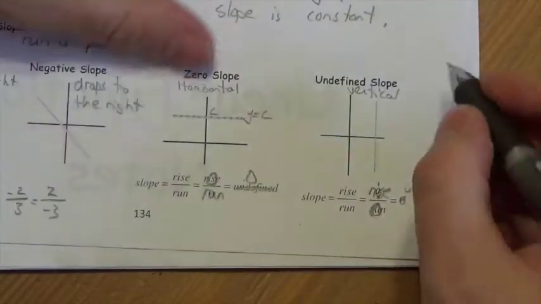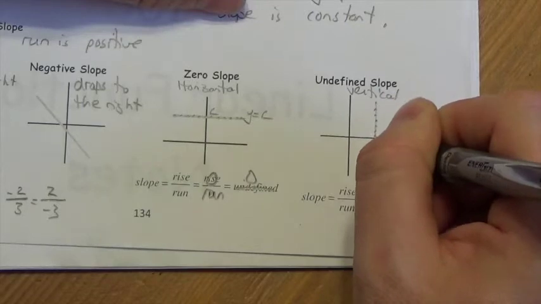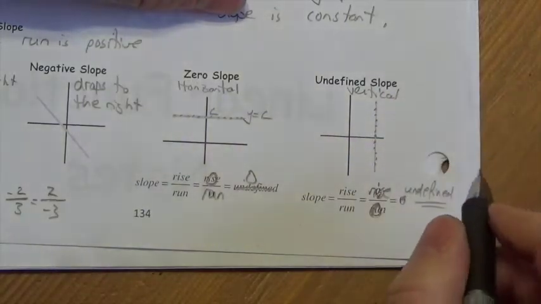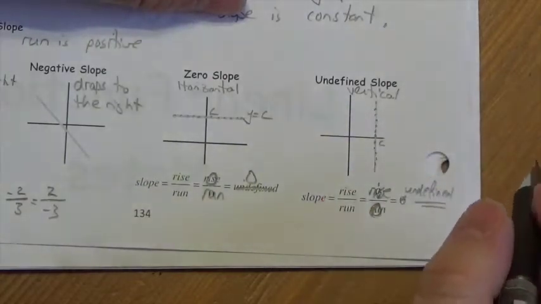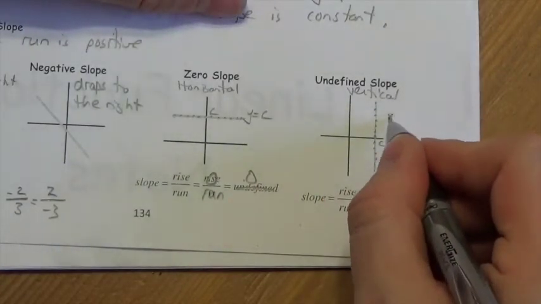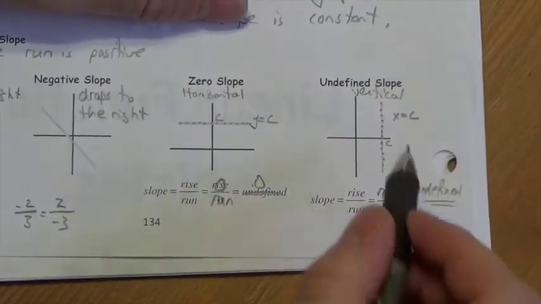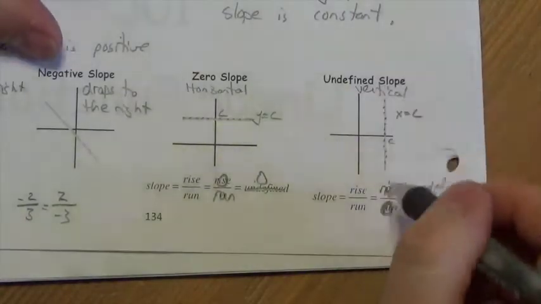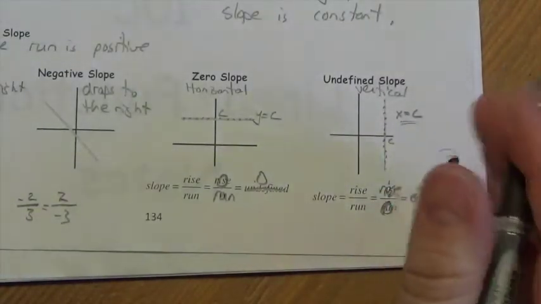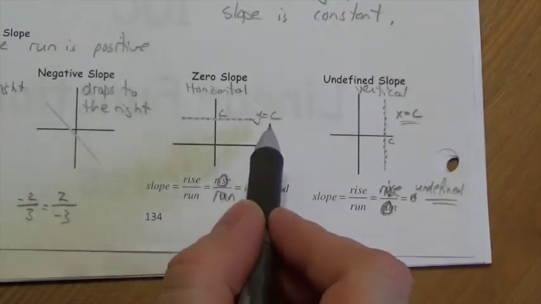Just like over here, notice that every single one of these points has got the same x-coordinate. Let's say, for example, that that's going through the x-coordinate x equals c. Well, again, the easiest way to define that line is to simply state what is constant forever on that line. So that vertical line can be described as x equals some constant c, just like this horizontal line can be expressed as y equals c.